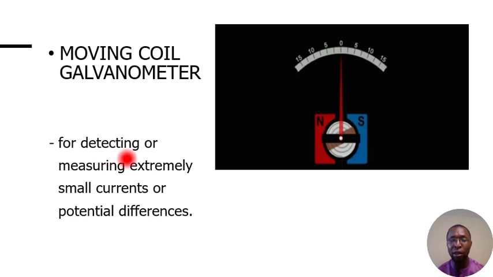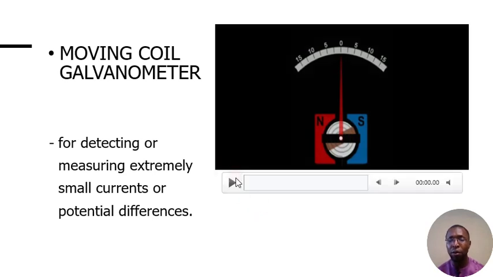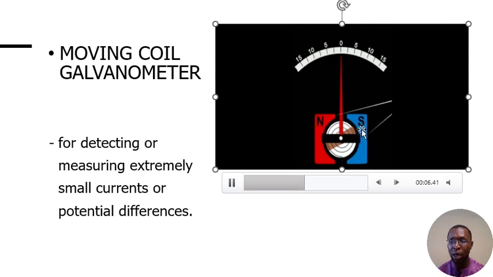The second area of application of the electromagnetic field is in the moving coil galvanometer. A galvanometer is a device for detecting very, very small currents or sometimes potential differences. How does it work? Like we have said, it makes use of a magnet and a coil in the magnetic field. Now this is the north pole and this is the south pole of the magnet.